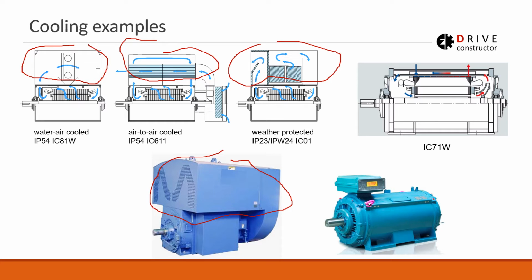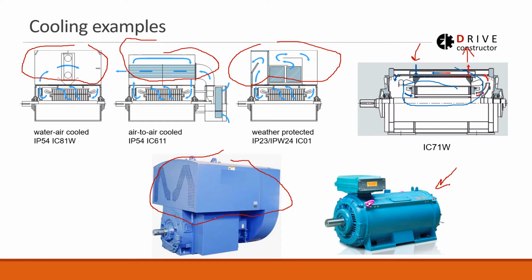Another design variant is just to put some cooling liquid inside the machine. So you can see it here. The liquid is coming in here and going out here. And in addition we have air circulating like that.